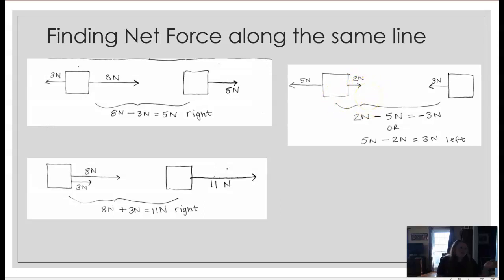You can say, well, if 5 newtons is this way and 2 newtons is that way, it seems reasonable that 3 newtons is going to be left over. The one important thing is that you always write direction with that. Here, the negative tells me the direction. Here, I have to actually write the word left. So again, when they're in opposite directions, we just subtract.